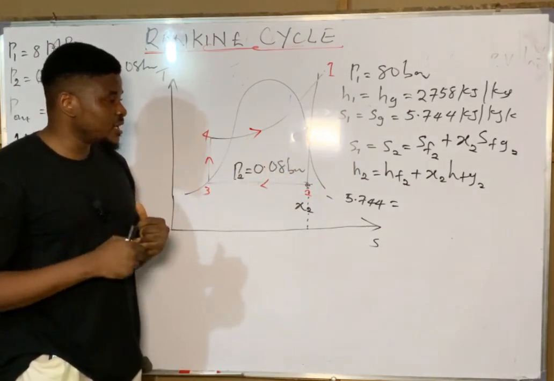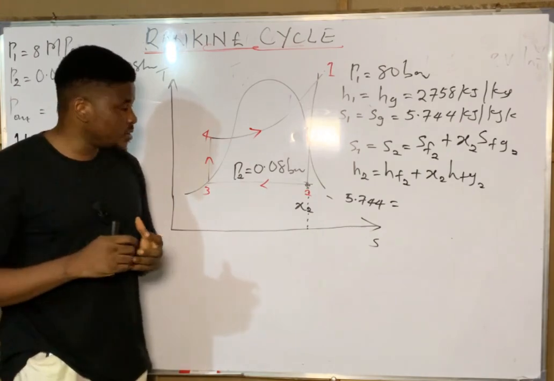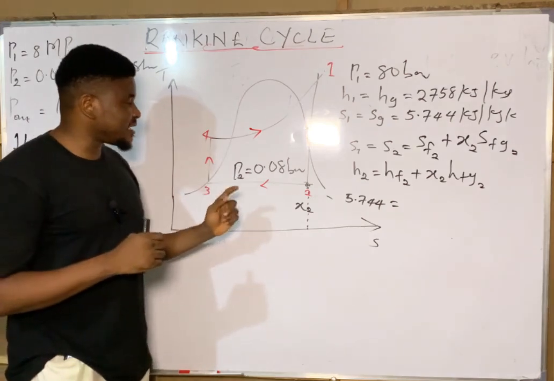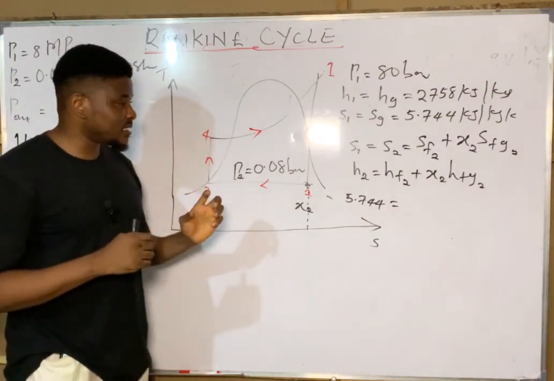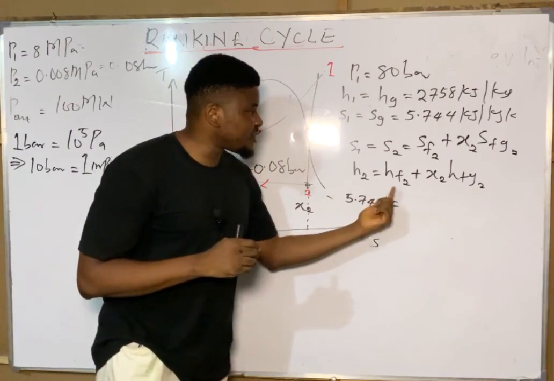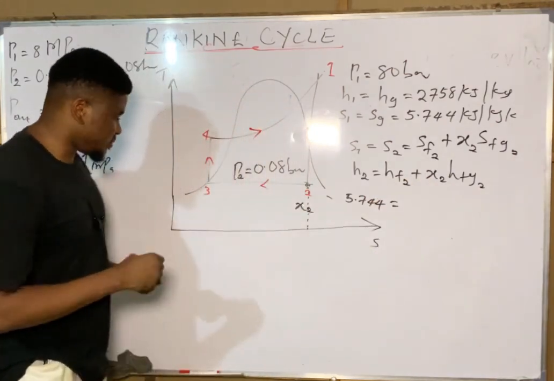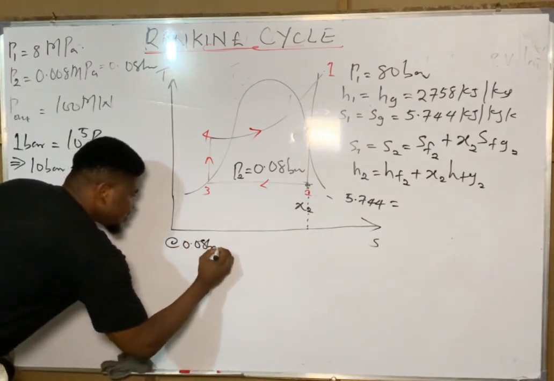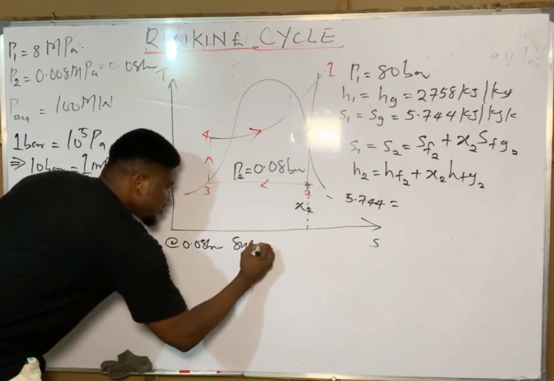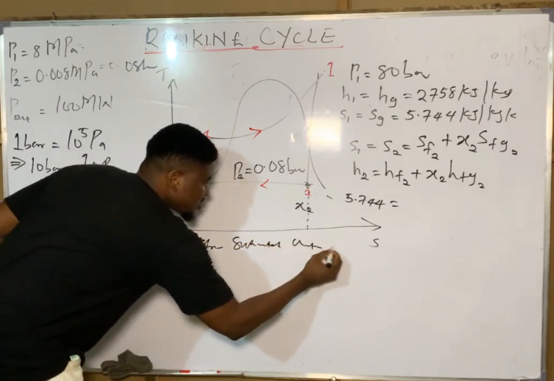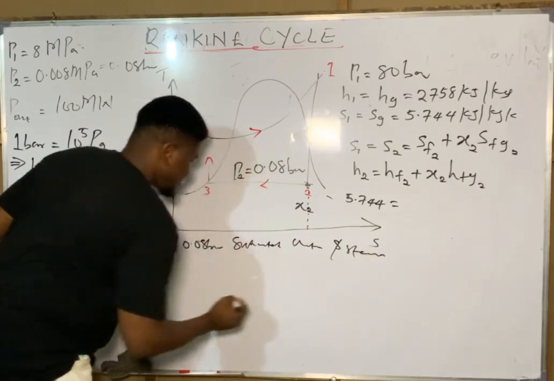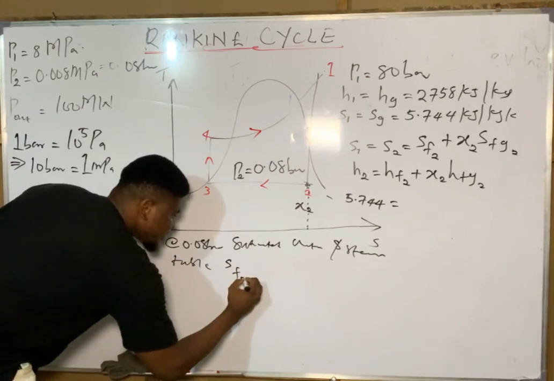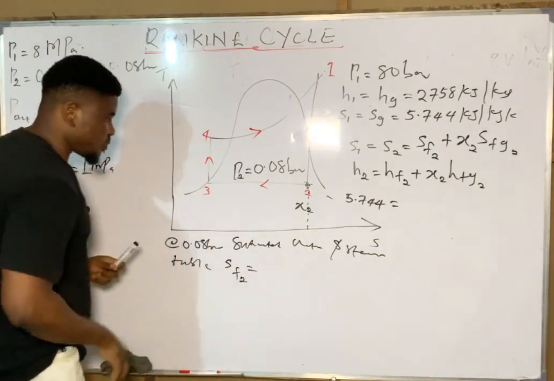So now we go to the saturated water and steam table, corresponding to 0.08 bar. We find SF at that point. We find SFG at that point. We can also find HF and HFG all together at once. So let's do that. At 0.08 bar, saturated water and steam table. This SF is now labeled as SF2 because we are at state 2.